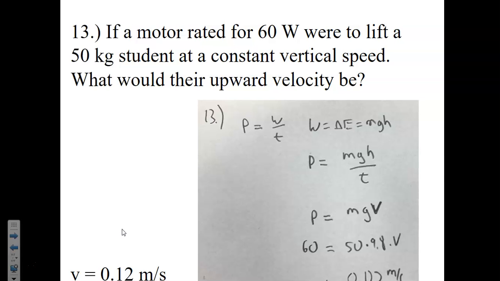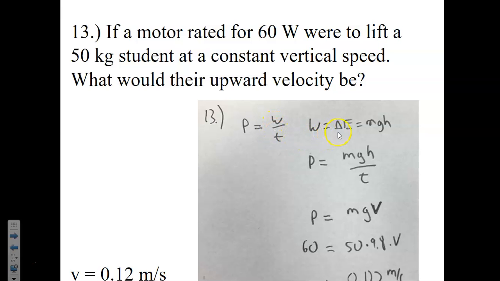And working another problem, number 13, here we've got a motor that's rated to do 60 watts of work, so 60 joules of work per second, and it's going to lift a 50 kilogram student upwards at a constant speed. What would be the upward vertical velocity? Well, power equals work over time, as we did before.